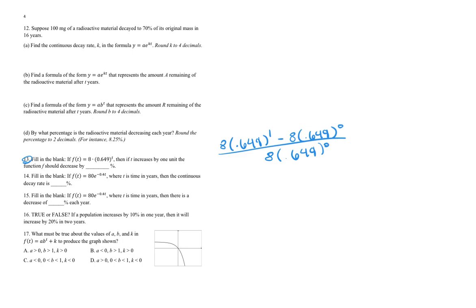So we have our new minus our old over our old value times 100. That should give us our percentage decrease, and that will give us negative 35.1% or a 35.1% decrease.